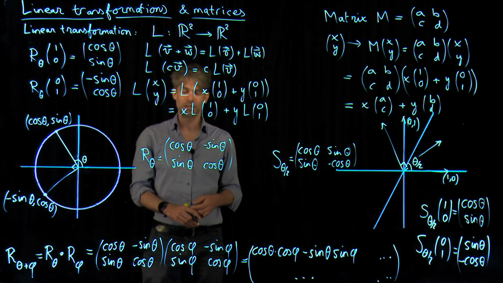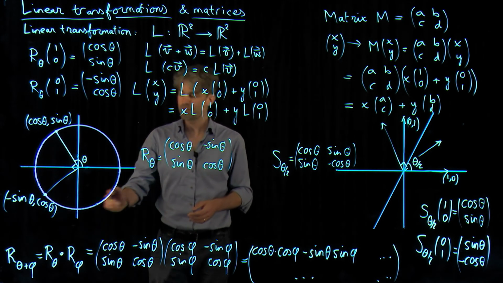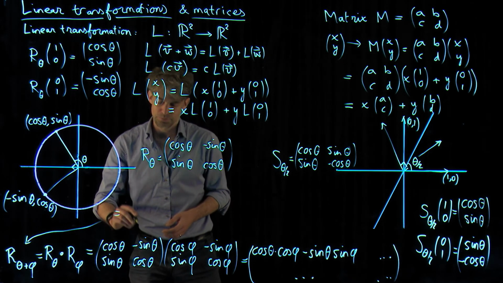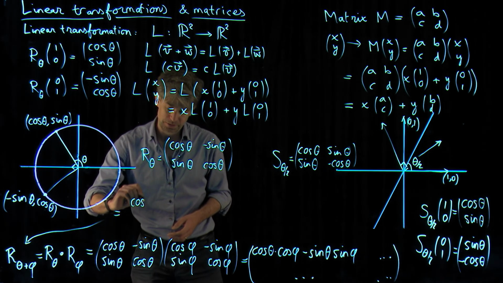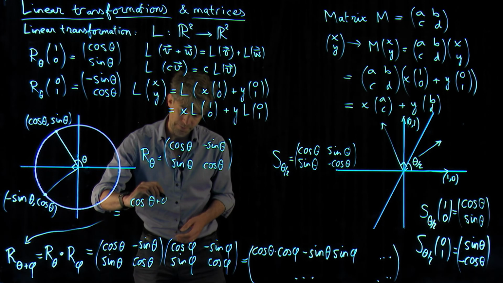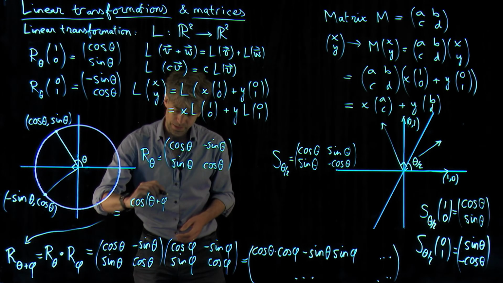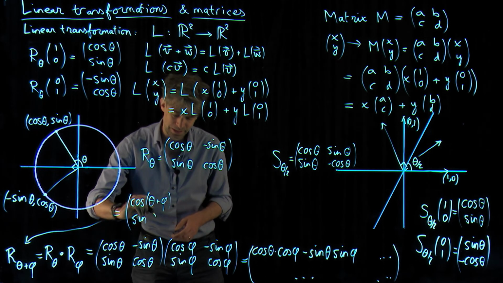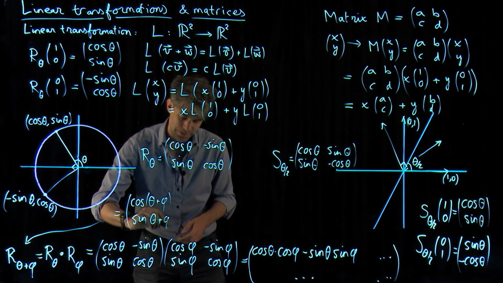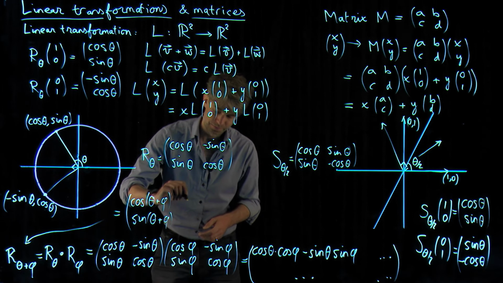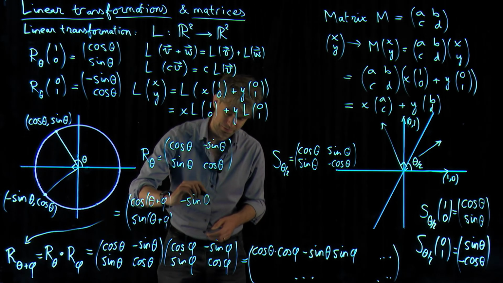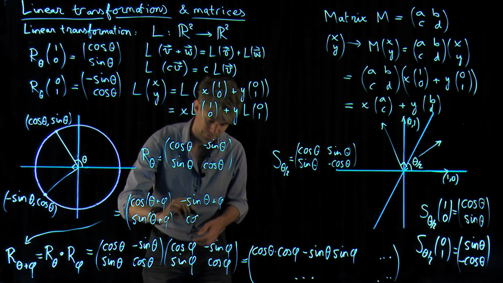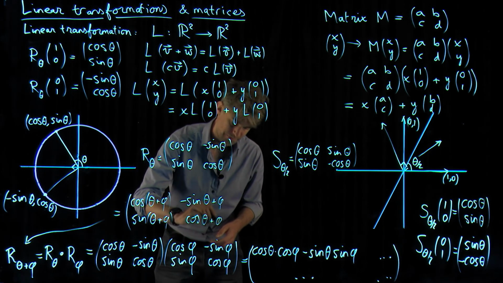And this gives you an interesting result, because if I write out what this is, it's the cosine of theta plus phi, like that, and then we can do the rest of the matrix, but I'm mostly interested in that top one. Minus the sine of theta plus phi, cosine of theta plus phi, like that.